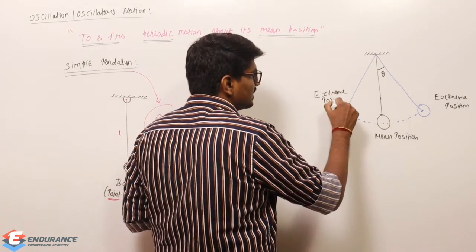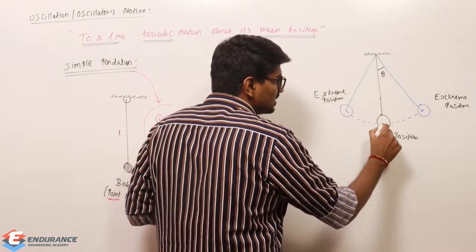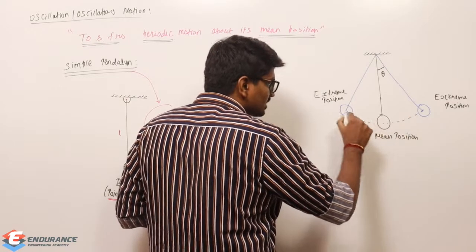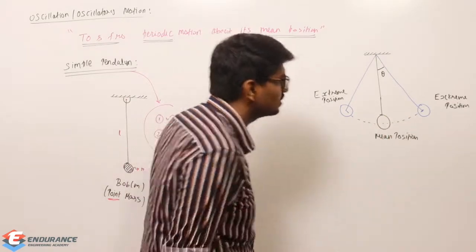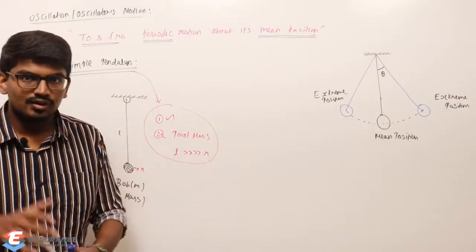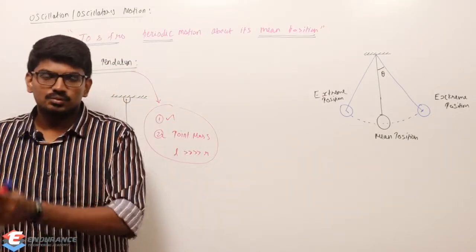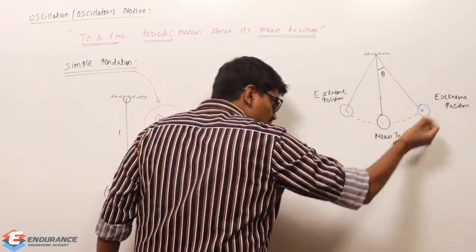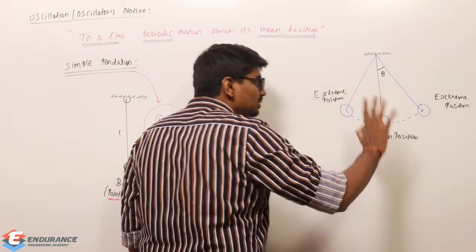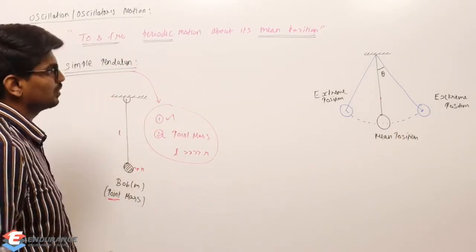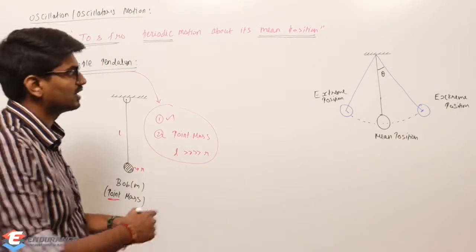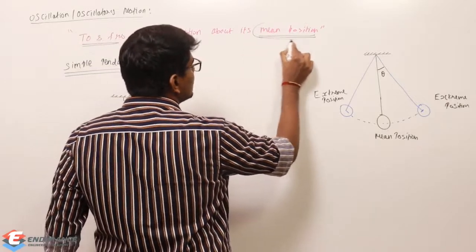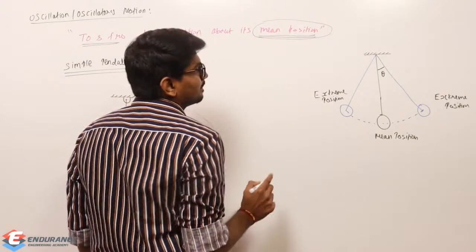It goes here, reaches mean, goes there, and comes back again through the mean, and this happens until finally it comes to a stop. So from one extreme to another extreme, it is a to and fro motion through the mean position, about the mean position. That is very important. This 'about its mean position' is important. I will say why.